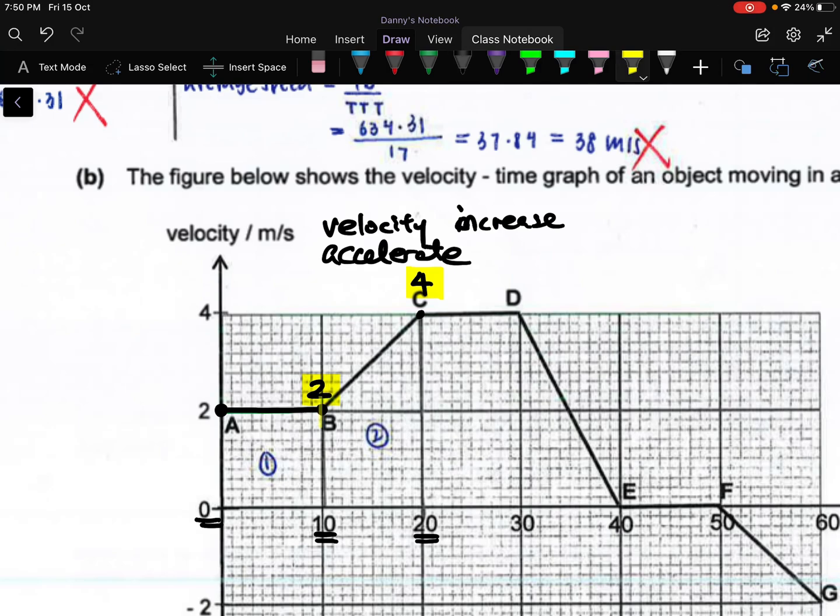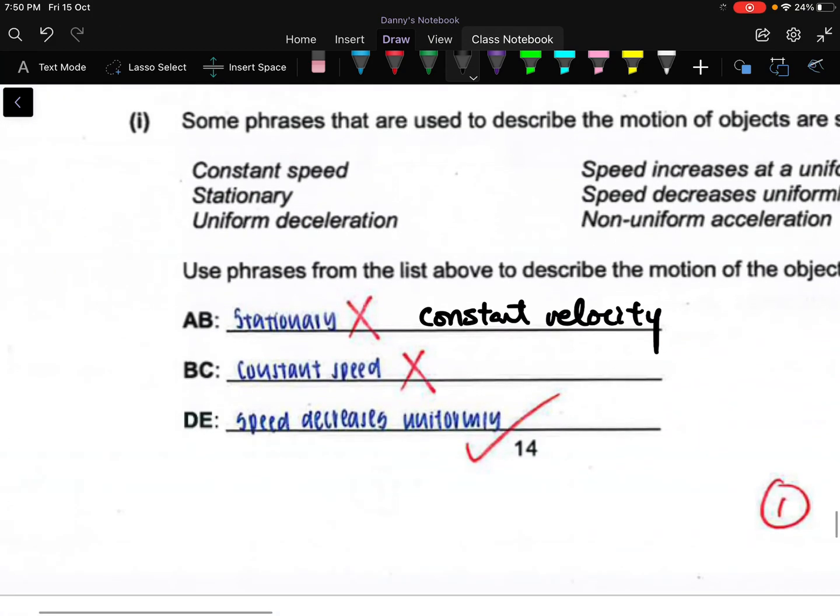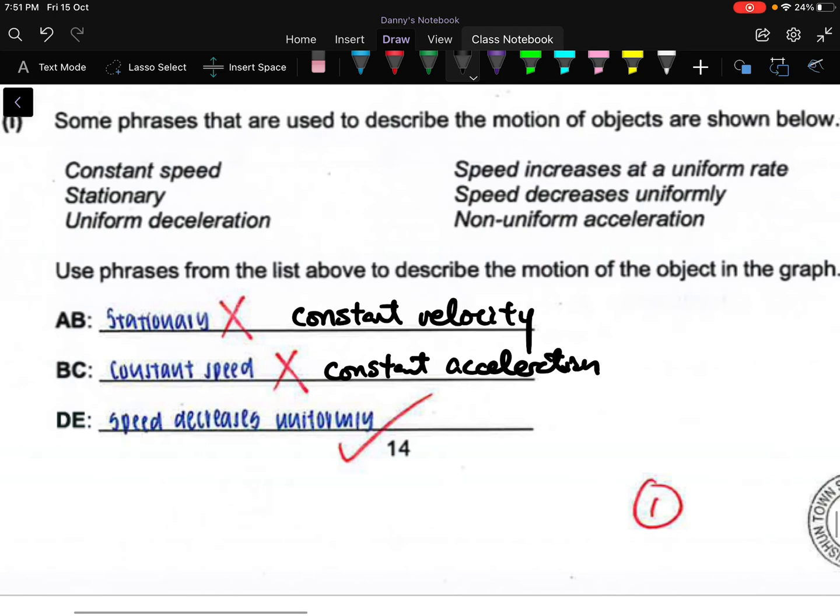Correct or not? Then how does the acceleration go? Oh, gradient is straight. Acceleration is uniform. See? That's how simple it is. So therefore, it is not constant speed. It is constant acceleration. Or in another word, you can also say that it increases at a uniform rate. It's the same as this.